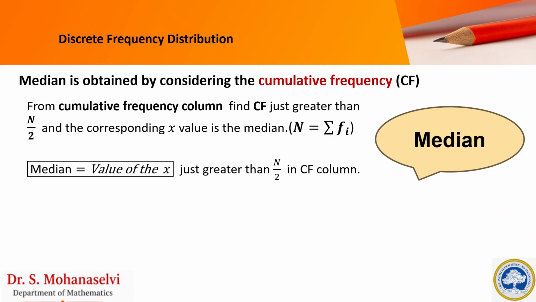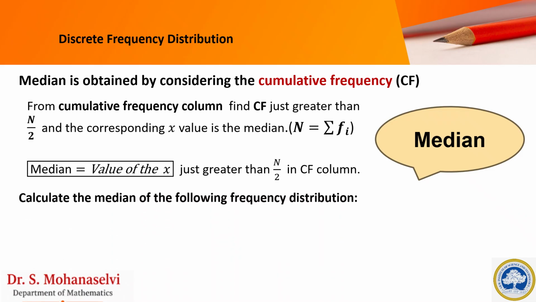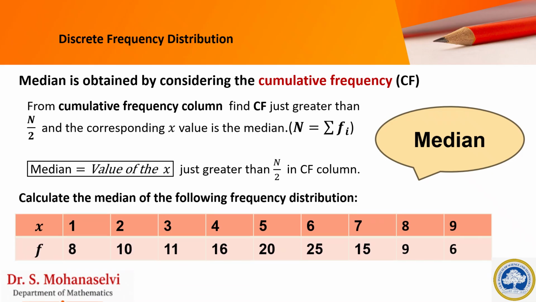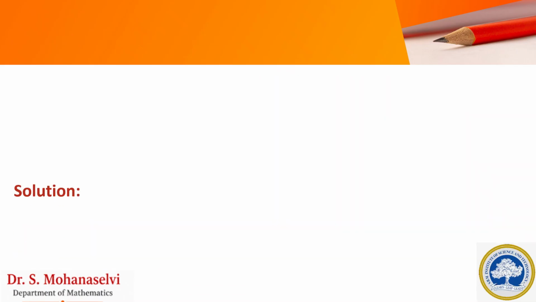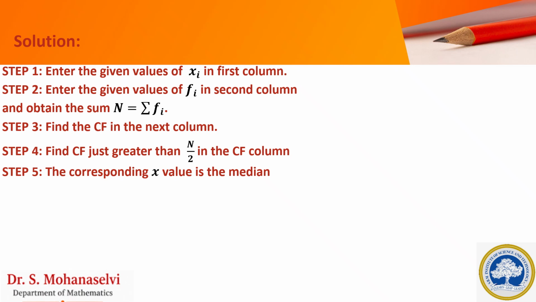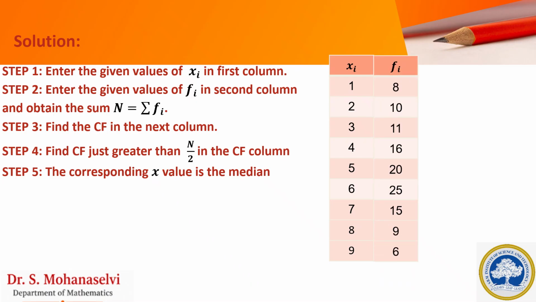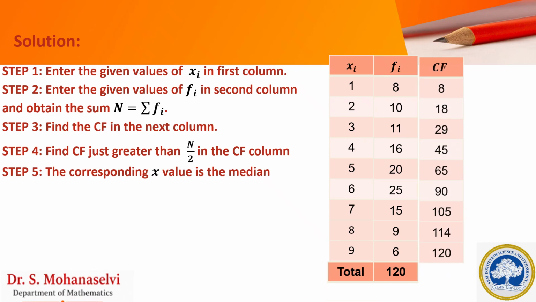Now let us calculate the median of a discrete frequency data in the following example. The solution follows these steps. We enter the given values of xi's in the first column. Then we enter the given fi's in the second column and we obtain the sum of the frequencies. In step 3, we calculate the cumulative frequency column.